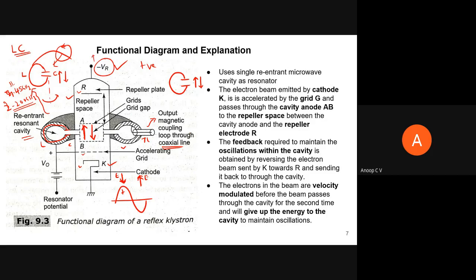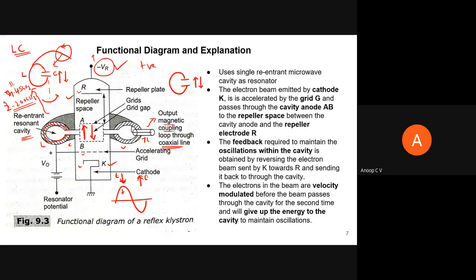Then there is a re-entrant resonant cavity. It will resonate at some particular frequency, and the output is taken using a magnetic coupling loop using a coaxial cable. That is the structure.